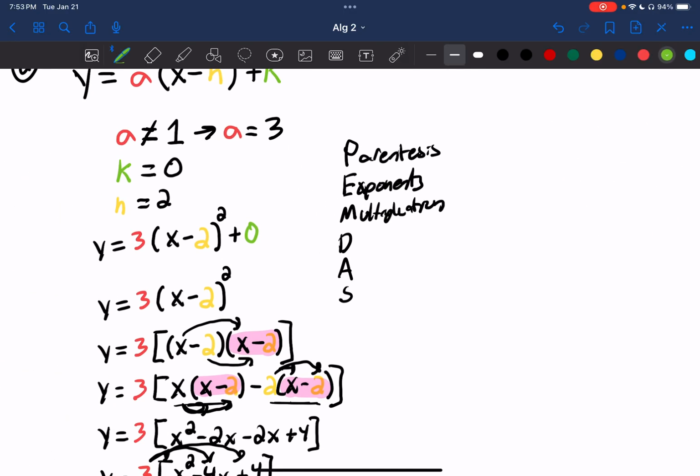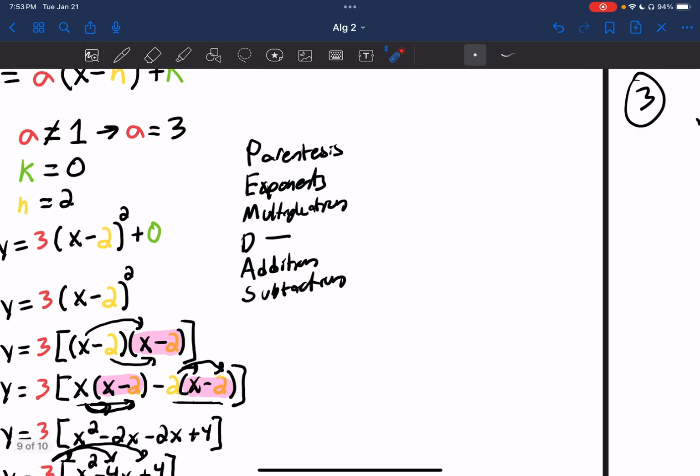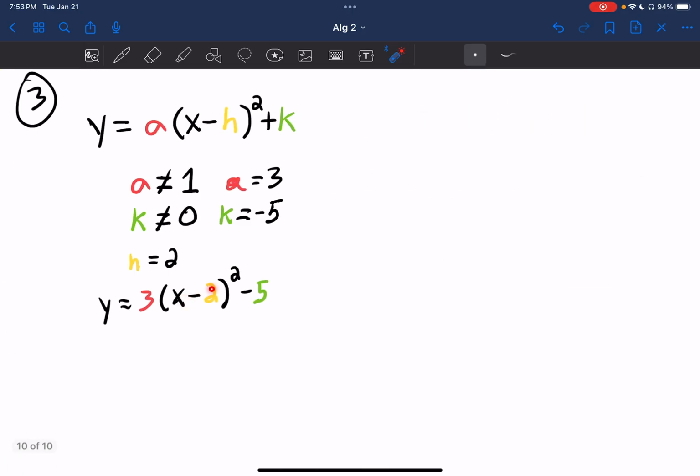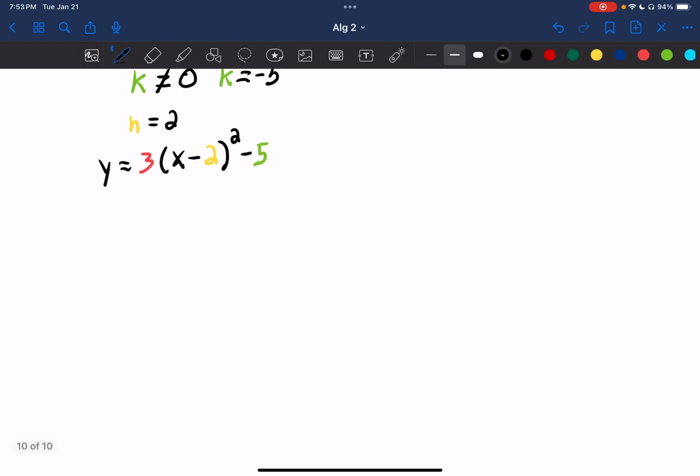We're probably not going to have division, but then we have addition and subtraction, which is last in our order of operations. So after we double distribute to expand this, we multiply by 3. Then at the end, that's when we subtract 5, because k is -5. Go through the same steps we did for the last problem.